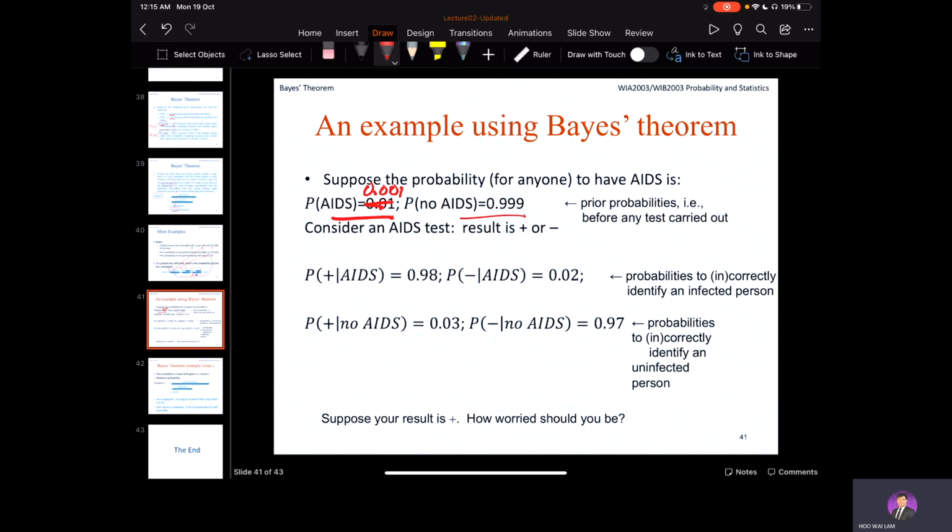You conduct this test, and at the end of the day it gives you back the probabilities. Remember, all this is the likelihood for it to happen. Given AIDS, the likelihood for you to get a positive is 0.98, and so on. This time we do the complement directly.